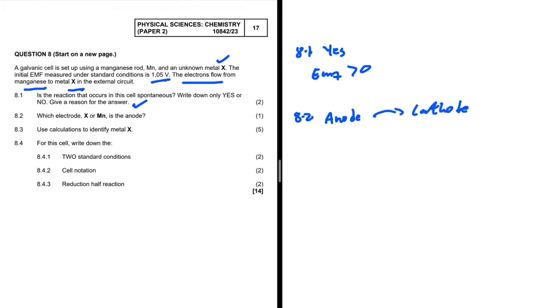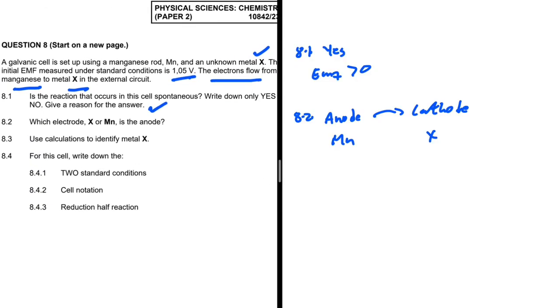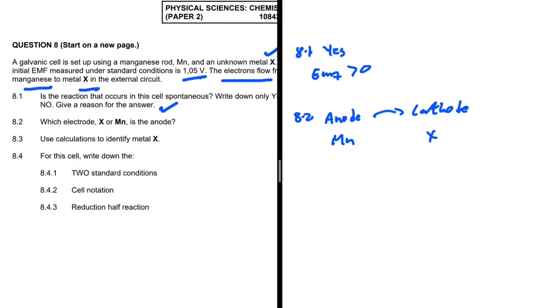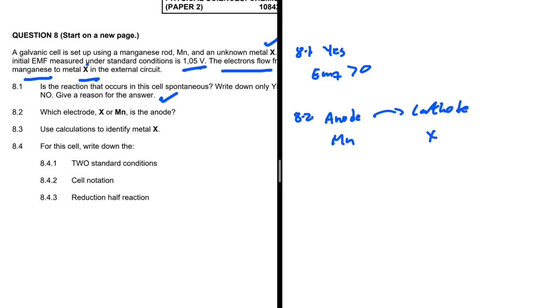So if they flow from Mn to metal X, then Mn should be the anode, and then the metal X should be the cathode. So Mn is the anode and X is the cathode. We are just applying the basics here. That is 8.2.